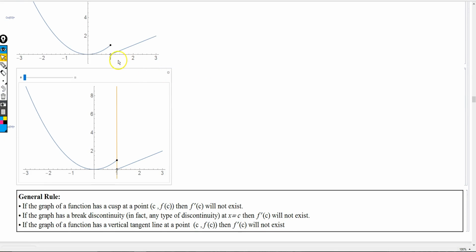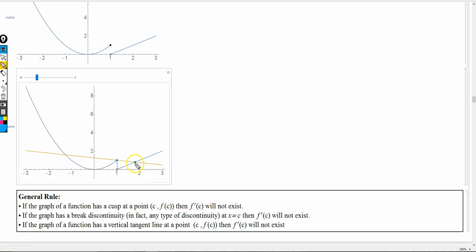Remember that the tangent line to the graph of a function is supposed to be a limiting position of secant lines. So if we create some secant lines on this graph down here, let's see what happens. Here we have a secant line: there's our base point, and we move off to the right a little bit, put another point on the graph of our curve, and draw a secant line.